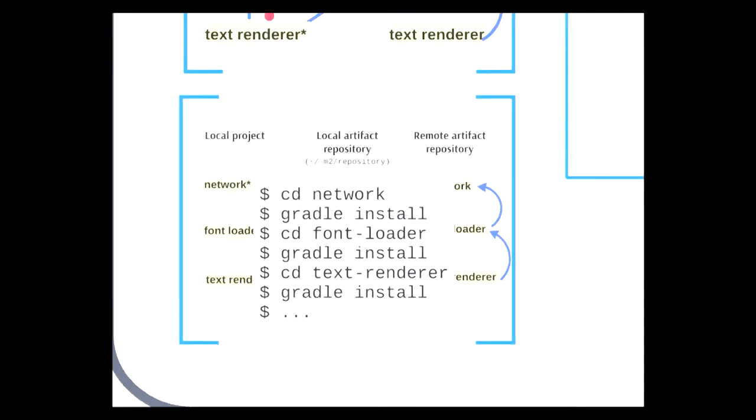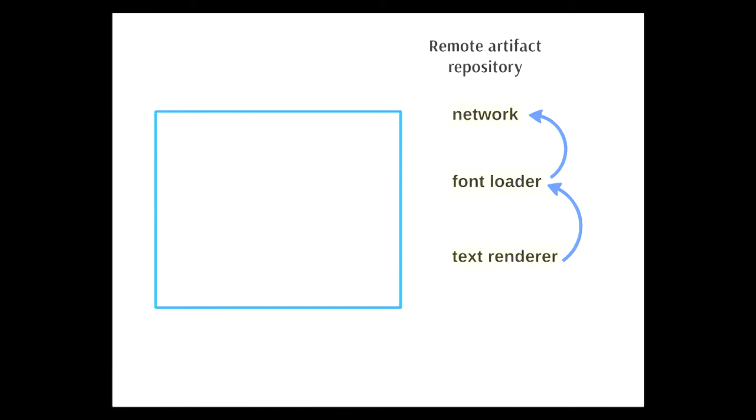So what we would like to have instead is Gradle and the IDE as well to know about how these modules belong together, how they work together, what connections there are between them. So what we do is we create an umbrella project, and when you start working on, for example, text renderer, we make your project a sub-project of this umbrella project, right?